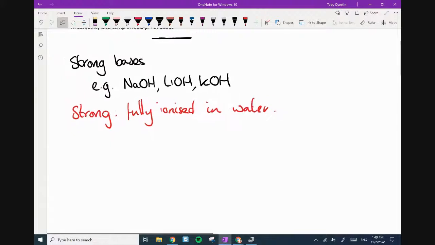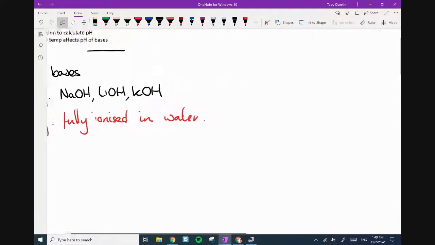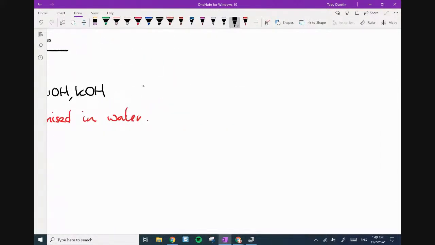So we know from GCSE there are lots and lots of different types of bases. I'm just going to swing over to the left to make a nota bene. Essentially, any metal oxide is a base.